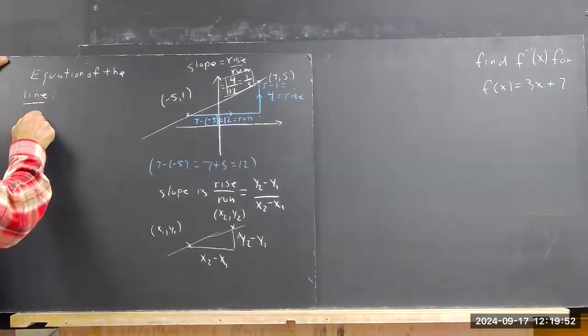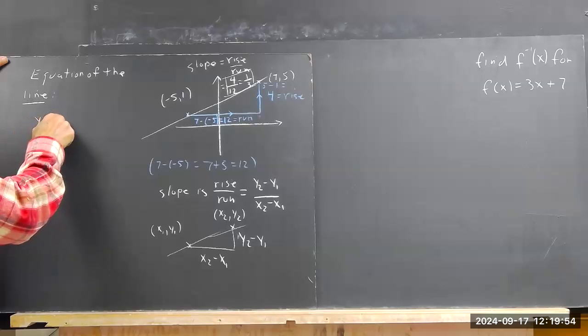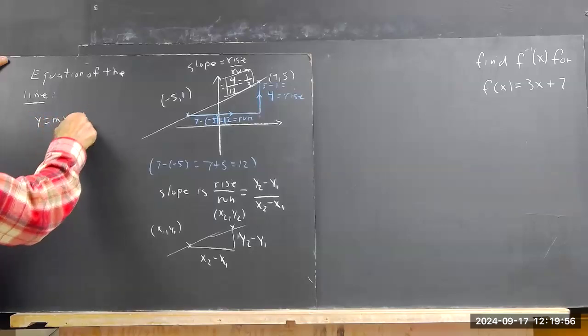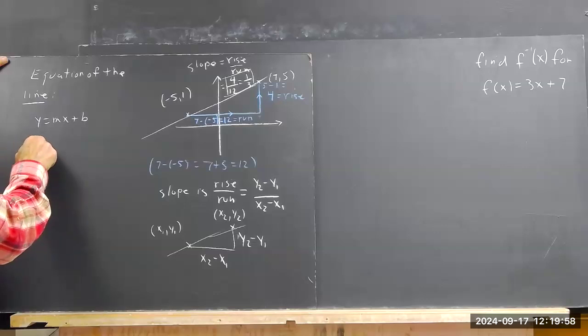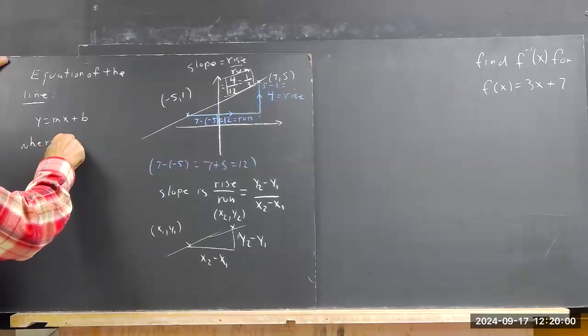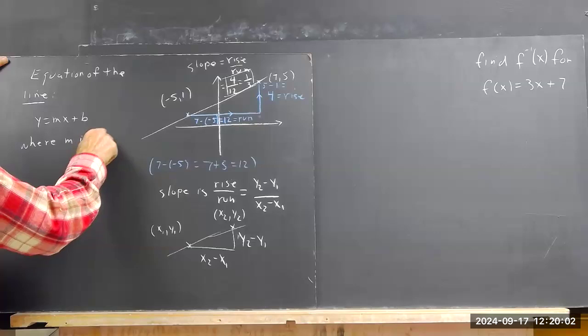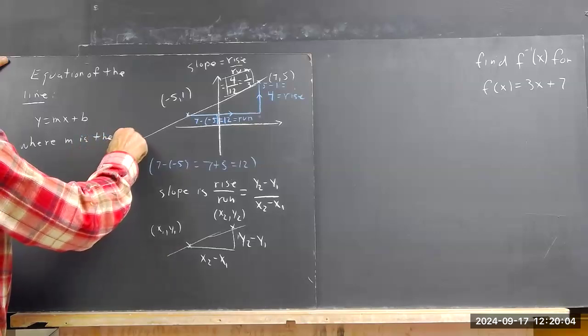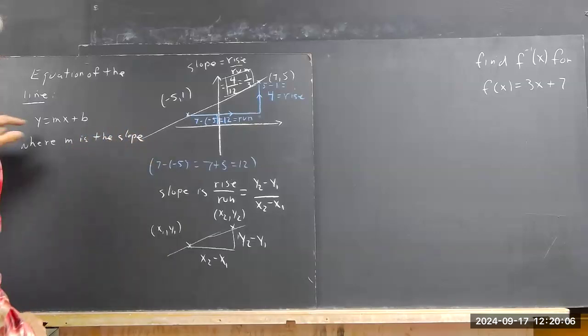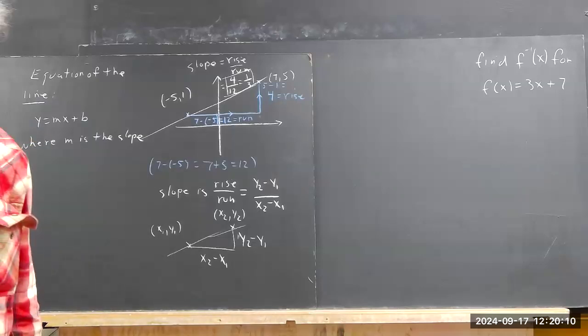equation of the line. Y equals mx plus b, where m is the slope. Okay.